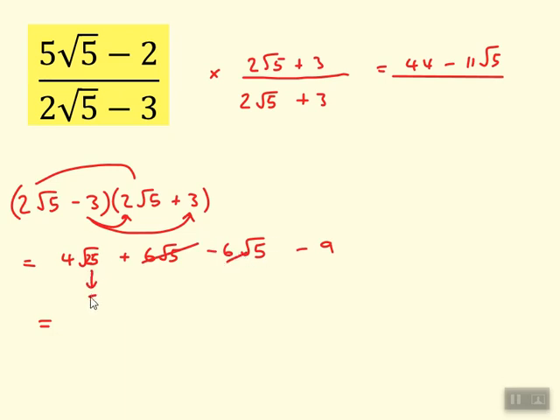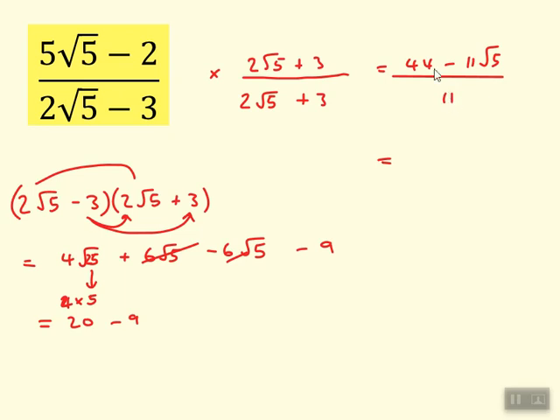Root 25 is 5. Times 4 is 20. Take off the 9, that gives you 11. Okay, now that is the answer. But look, you can divide everything by 11 here.